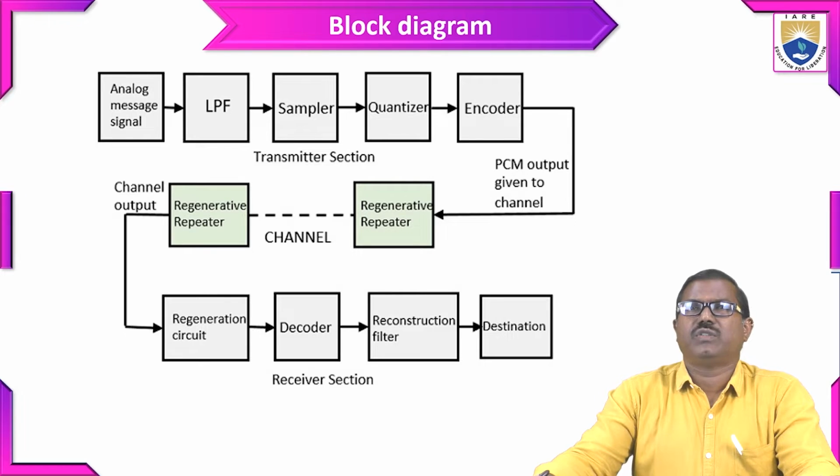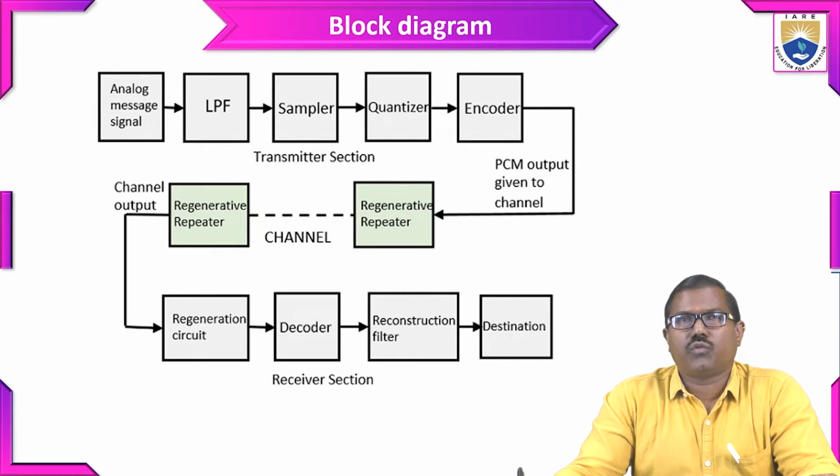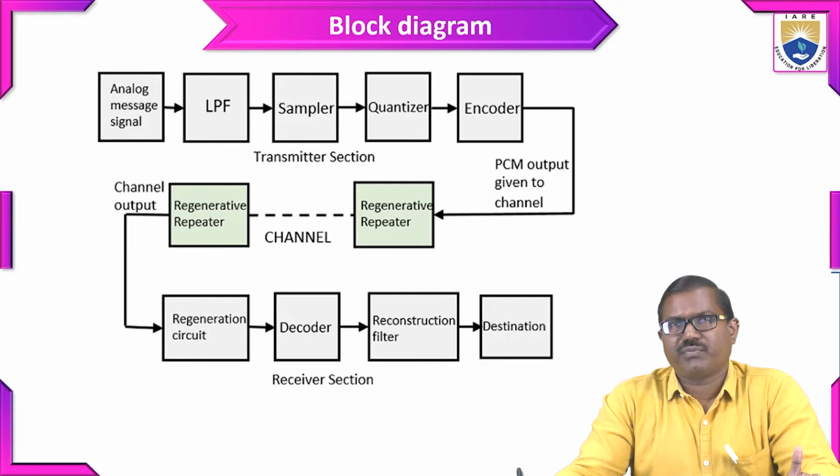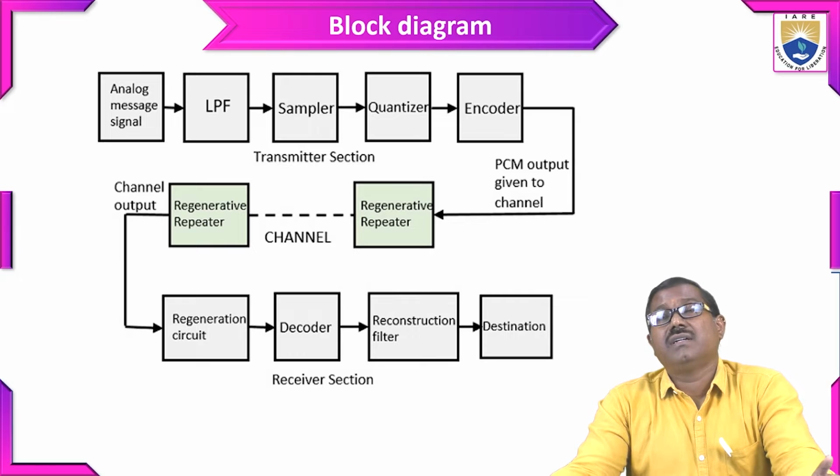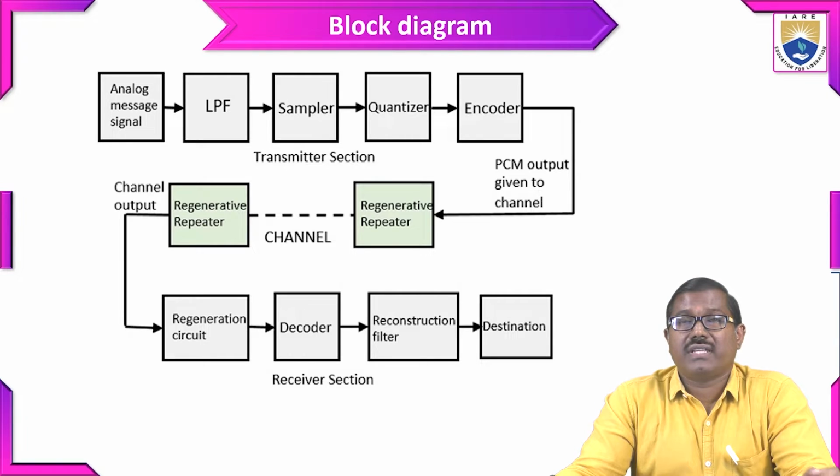So this is the block diagram of the pulse code modulation. Here I use an analog message signal. Why? Because here I am going to convert analog into digital form. So first I require an analog signal. With the analog signal, I perform different operations like sampling, quantizing, and coding. These are not seen in analog communication, whereas in digital we have these blocks.